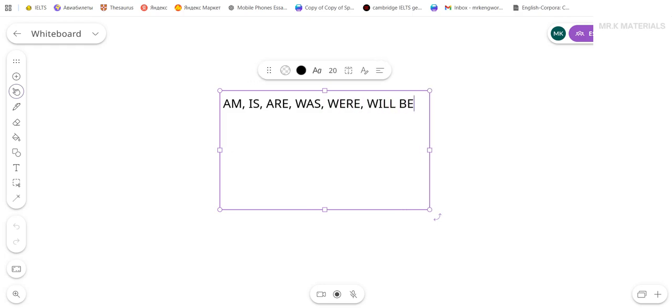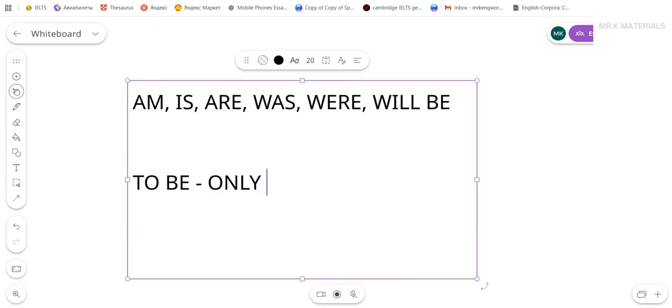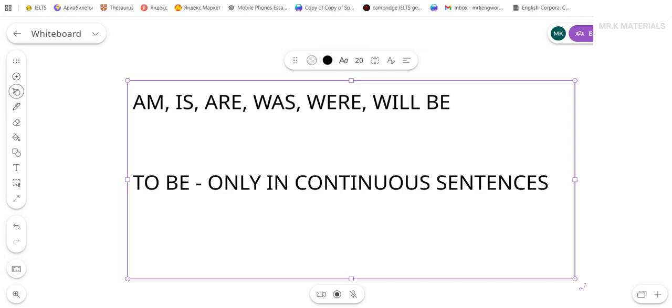Okay, these words have two functions and two meanings. All right, first of all, yes, as you studied in general English, these words can be classified as to be's, right? But to be's only and only in continuous sentences, like present continuous, past continuous, future continuous, and that's it.